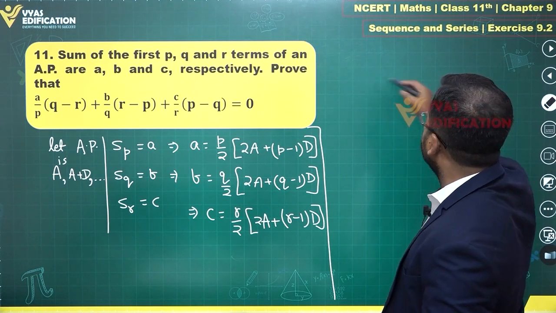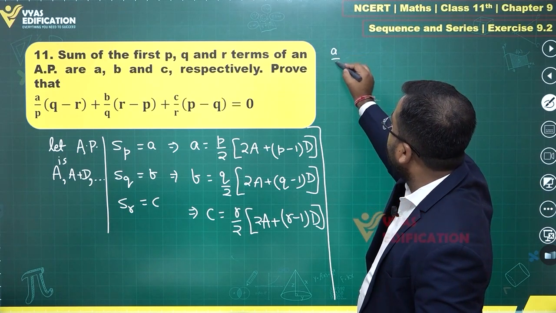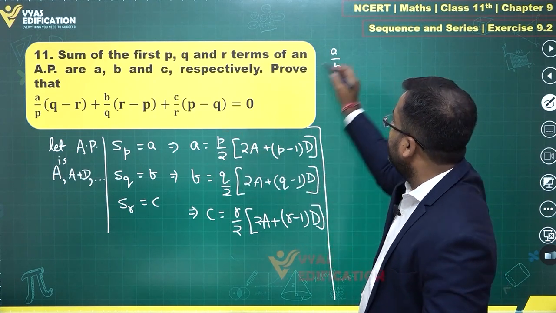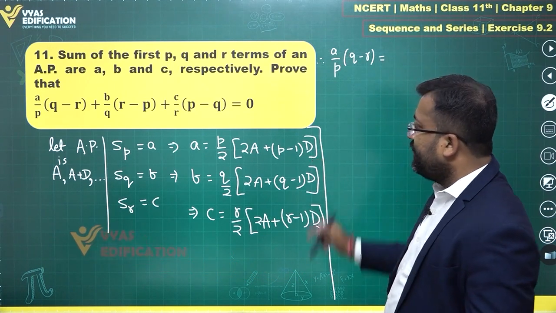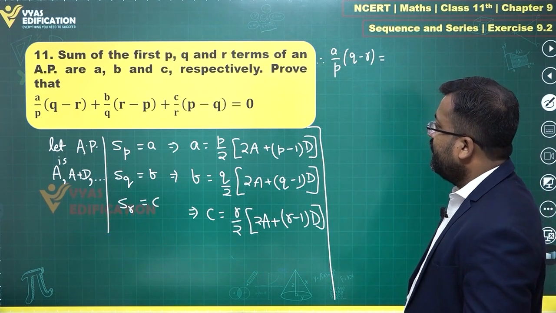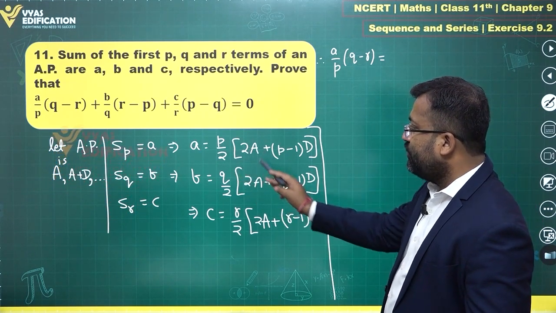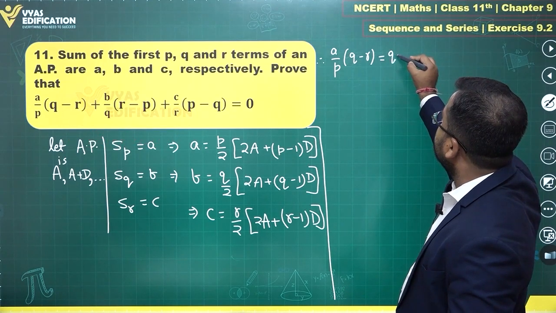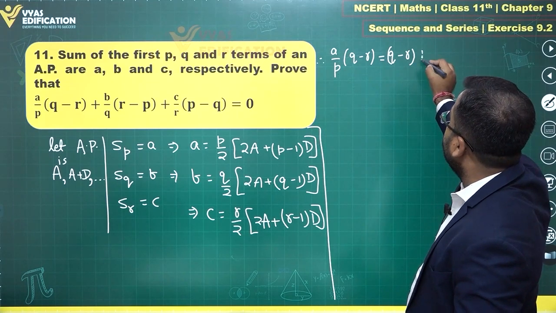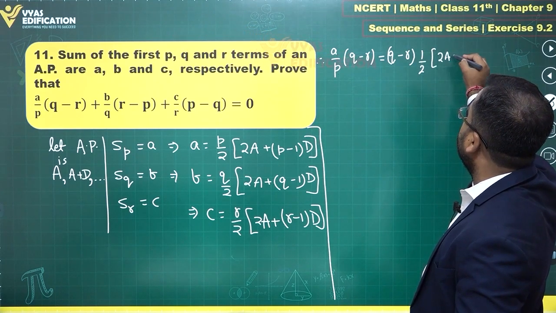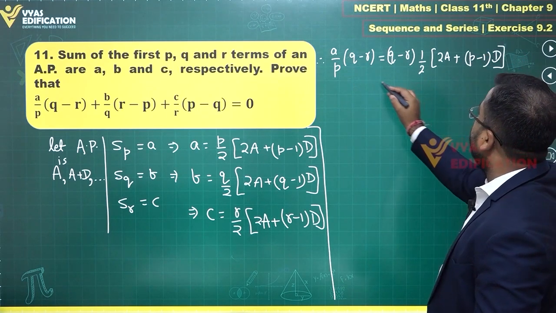Instead of writing the LHS, because that will be a long expression, I'll write a upon P times Q minus R. Therefore, with the help of the first one, this is equal to: you have A over here, 1 by 2 goes inside, Q minus R times 1 by 2, in the bracket you have 2A plus P minus 1 times capital D. This is what you have.